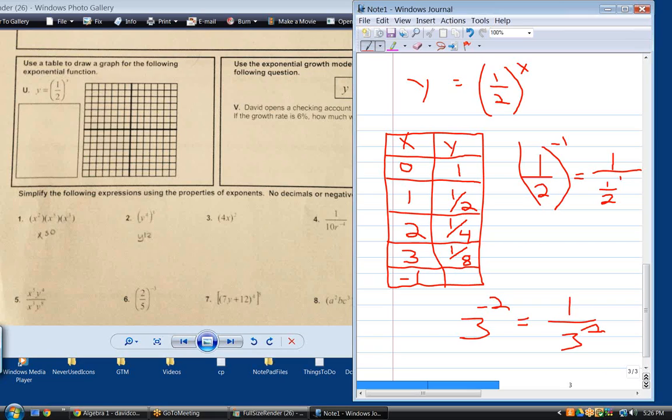See how it works? In other words, a negative exponent, the way you express it is to just make it the reciprocal to a positive exponent. So 3 to the minus 2 power is merely 1 over 3 to the plus 2 power, which is 1/9.